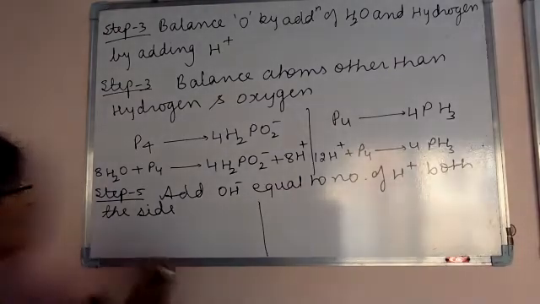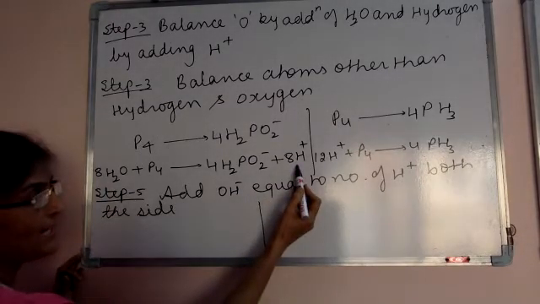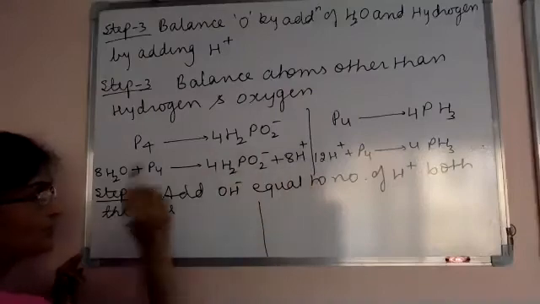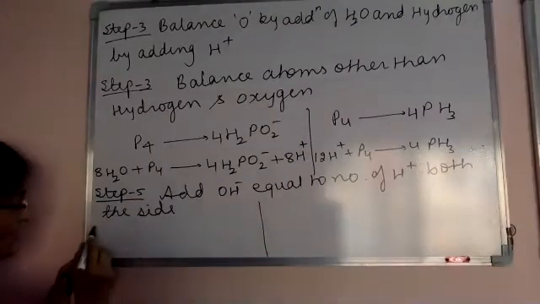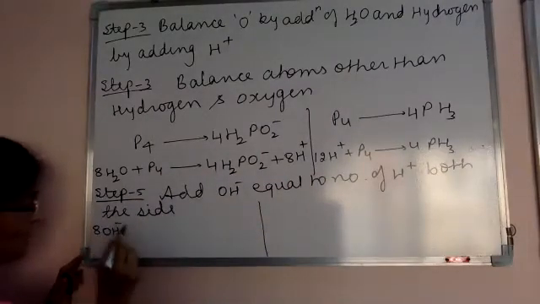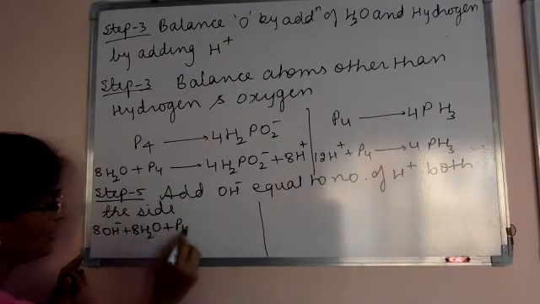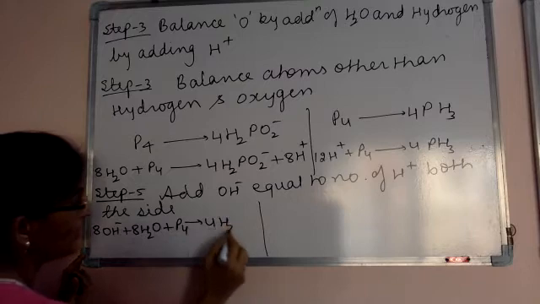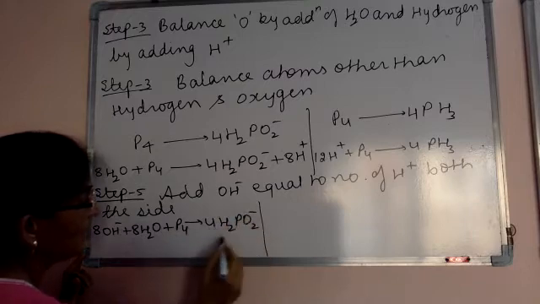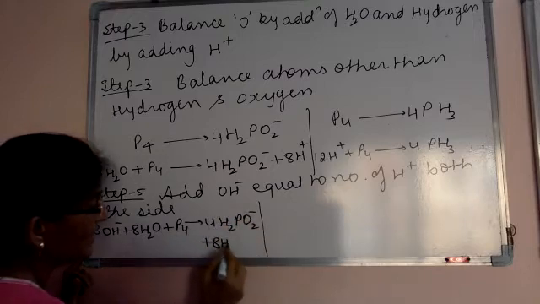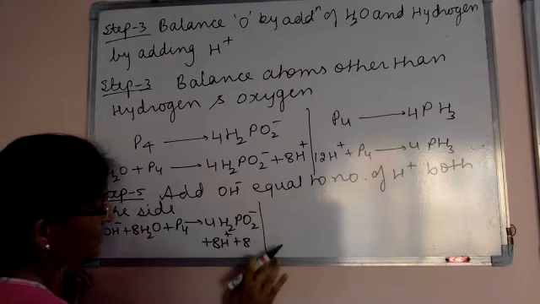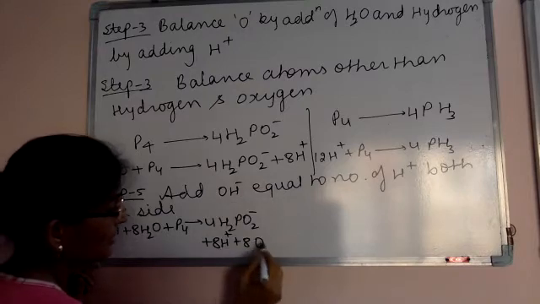For example, here I have added 8 H plus, so 8 OH minus we have to add on both sides. So this equation becomes 8 OH minus, 8 H2O plus P4 gives 4 H2PO2 minus, 8 H plus already there. We have to add 8 OH minus this side also.